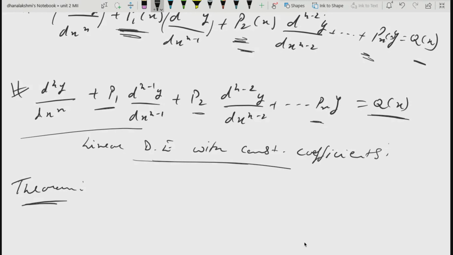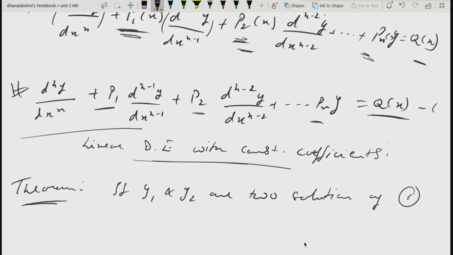If y1 and y2 are two solutions of a linear differential equation with constant coefficients, then y is equal to c1y1 plus c2y2 is also its solution, where c1 and c2 are constants.